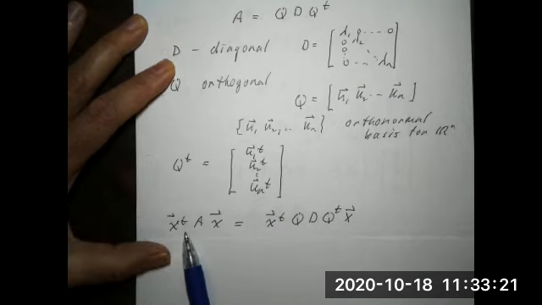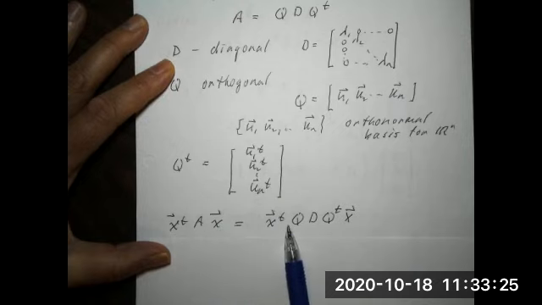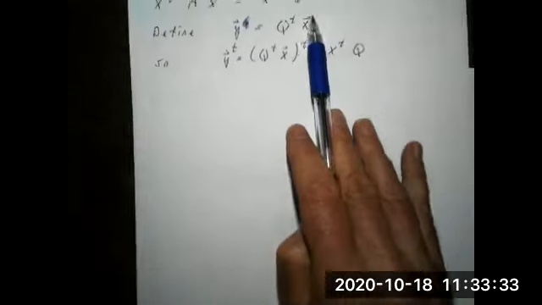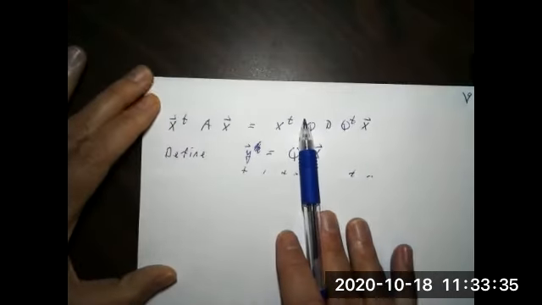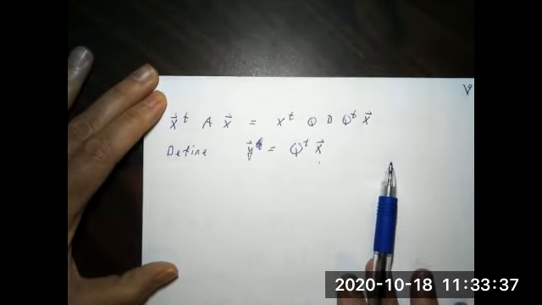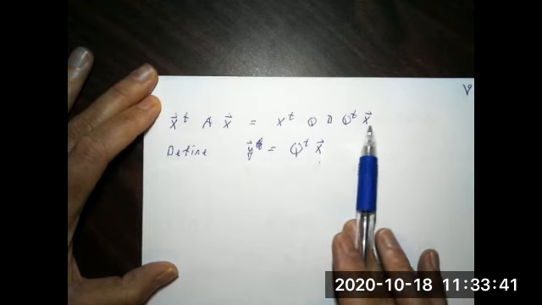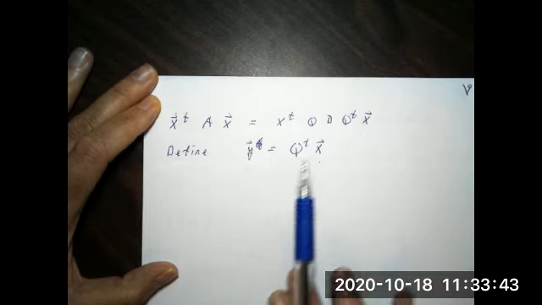So here's our quadratic form x transpose Ax, which we can write as x transpose QDQ transpose times x. Now let's take a look at this. We're going to introduce a change of variable. We're going to define y to be Q transpose x.